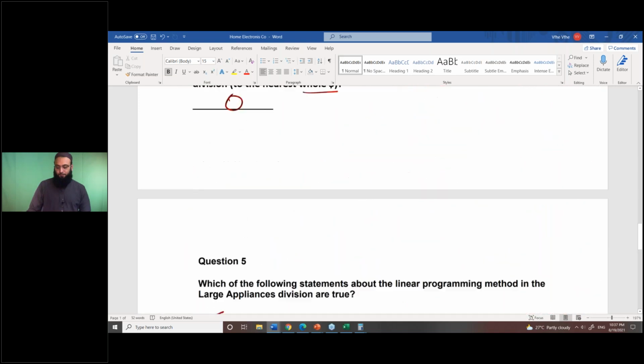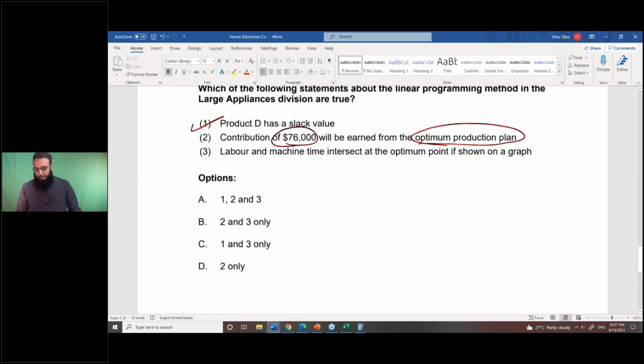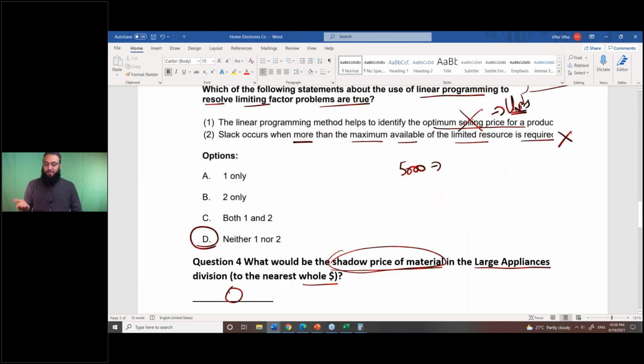So yeah, that's true. The last, labor and machine time intersect at the optimum point if shown on the graph. I have already explained this before. See my graph.